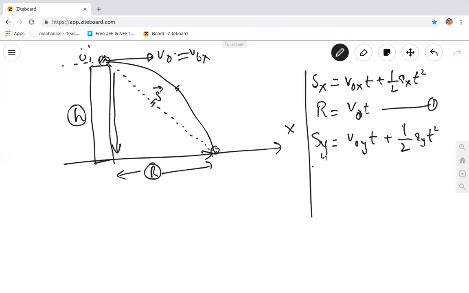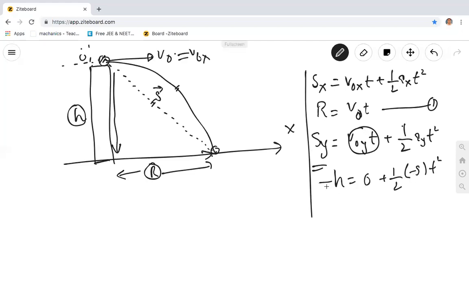Now, what is sy? Have a look. Sy is minus h. Minus h. That's very important. This is 0 plus 1 by 2 minus g t square. If you make a mistake of writing plus h here and minus g, that will not make sense, because t will not be negative. If you write plus here and minus here, it will not make sense.